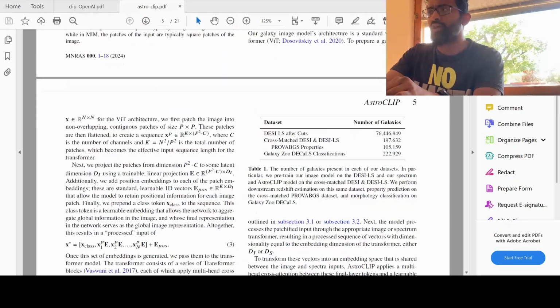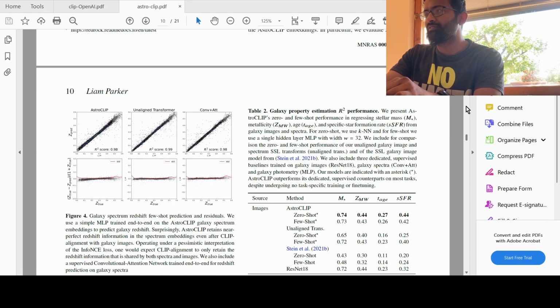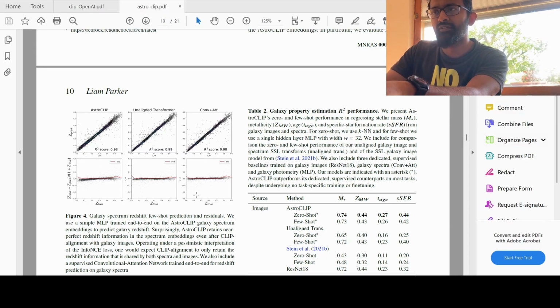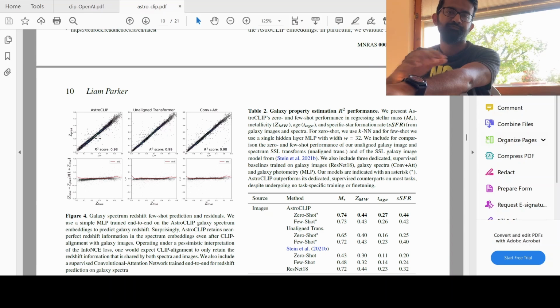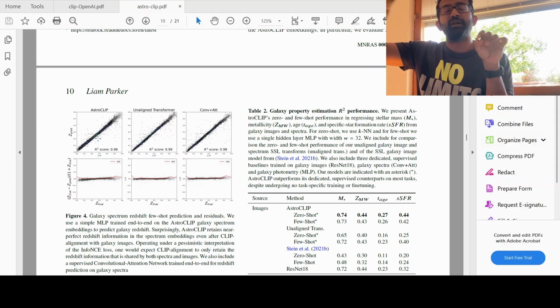Okay, let's get to this very nice image of estimating redshift. So here you see the prediction and the true values line up extremely well.